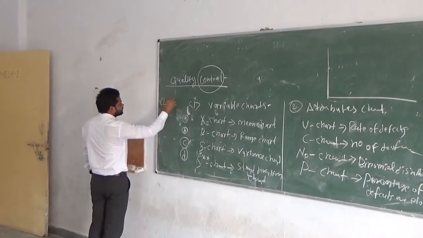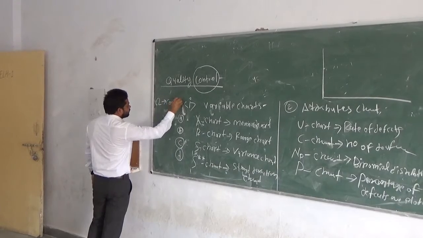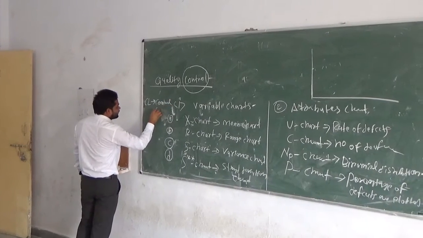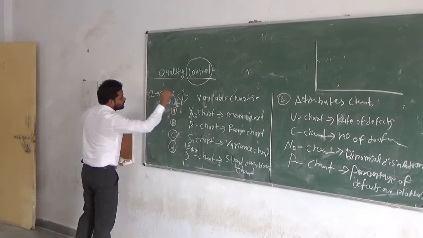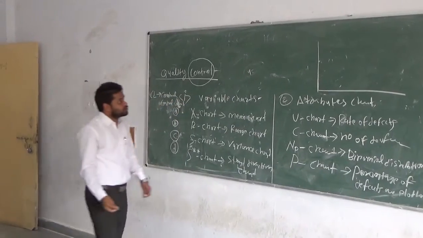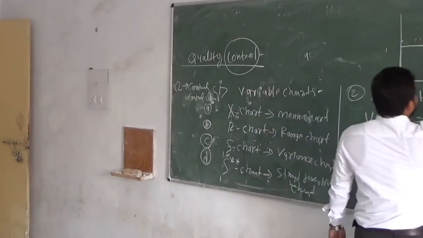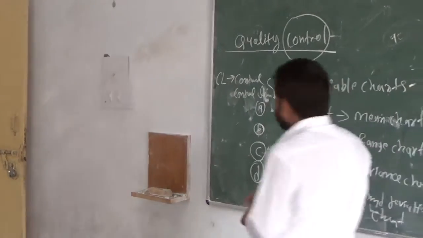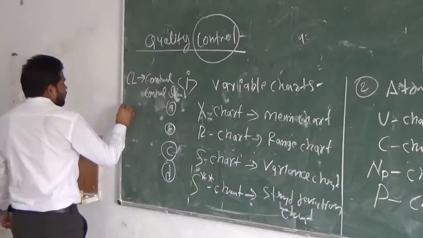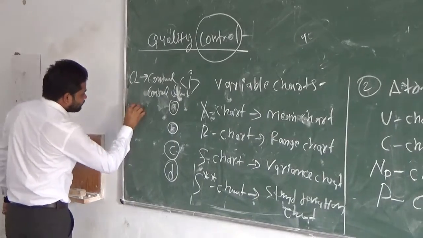CL is what? Control limit, the central line. CL. So we take it at the center. This is the CL, control limit. And another one is the UCL.